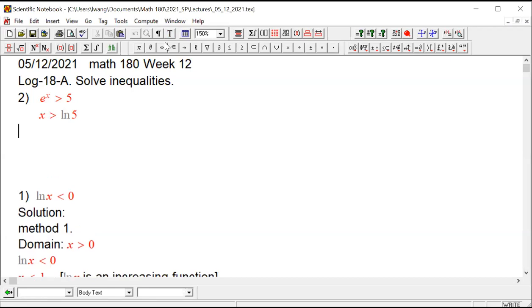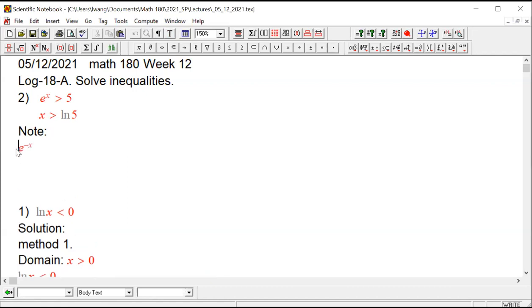For example, even though e to the power x is an increasing function, how about e to the power negative x? This is a function you're also going to encounter in your calculus classes.